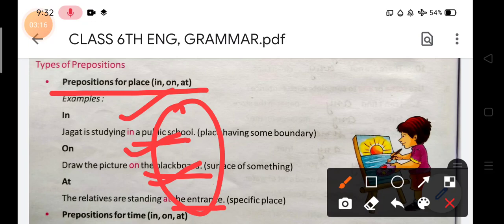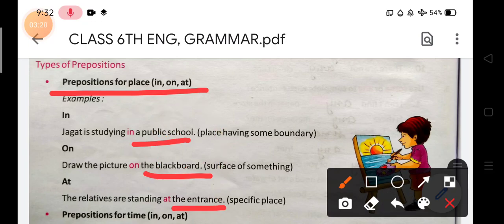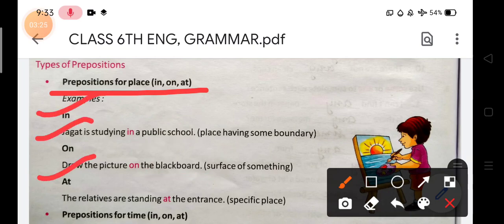So these prepositions are telling about places: in, on, and at. Jagat is studying in a public school, a place having some boundary. Draw the picture on the blackboard, surface of something, and the relatives are standing at the entrance, specific places. So these are the important prepositions that are used for places.